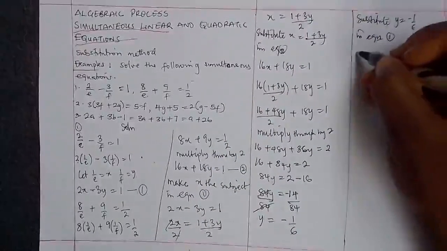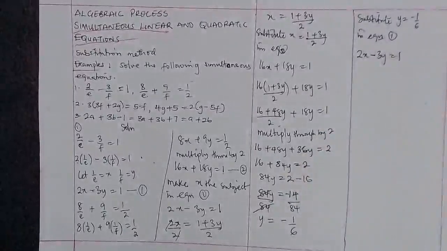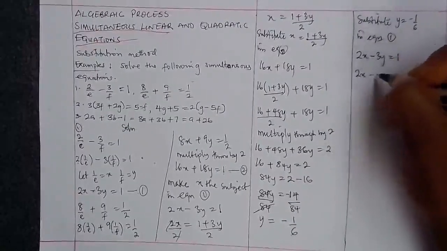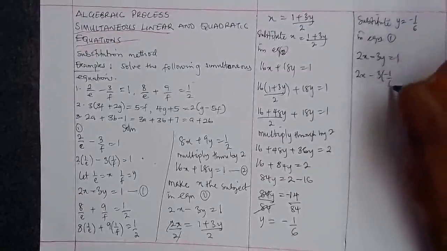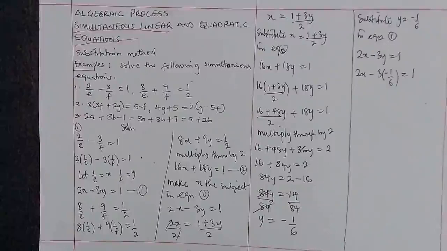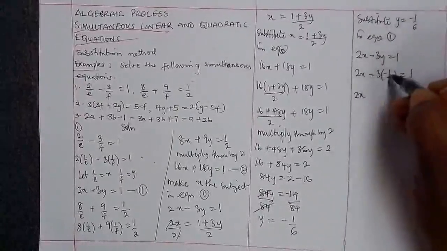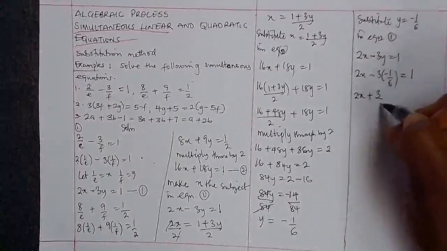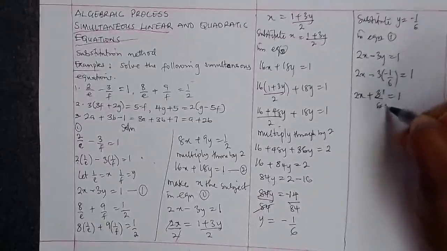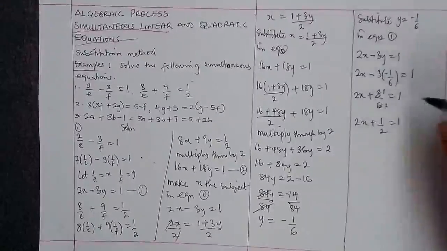Equation 1 is 2x minus 3y is equal to 1. 2x minus 3 open bracket minus 1 over 6, because our y is minus 1 over 6, is equal to 1. So we have 2x minus minus, plus 3 over 6 is equal to 1. Let's reduce this: 3 over 6 is 1 over 2. So we have 2x plus 1 over 2 is equal to 1.